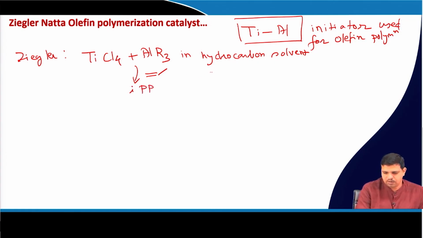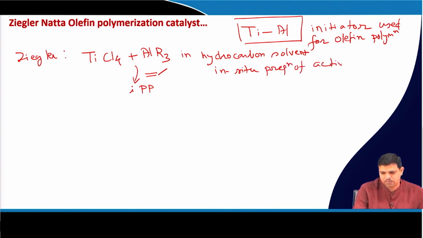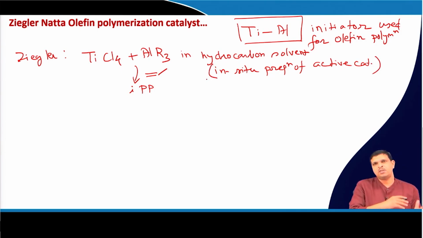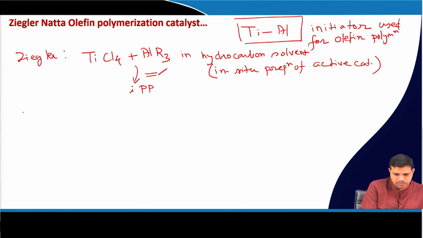So what he did, he prepared the active catalyst in situ. It is not that first the active catalyst is formed, isolated, and then used for the polymerization, not like that. Later, Natta realized that what is formed first is actually the TiCl3 moiety.